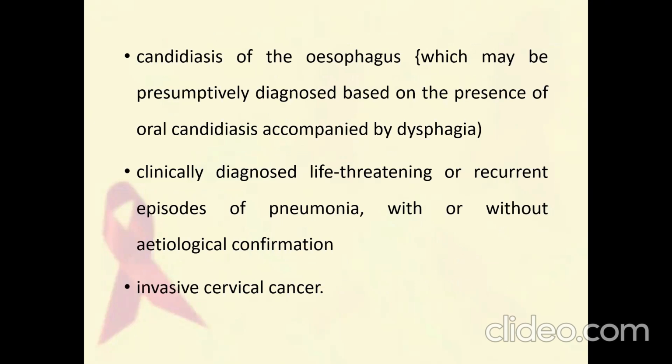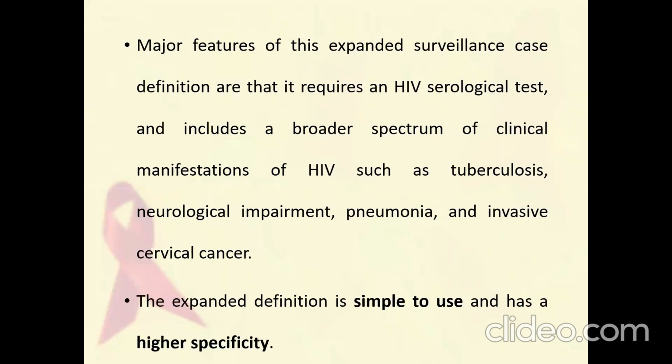Then candidiasis of the esophagus, which may be presumptively diagnosed based on the presence of oral candidiasis accompanied by dysphagia, clinically diagnosed, life-threatening or recurrent episodes of pneumonia with or without etiological confirmation, and invasive cervical cancer.